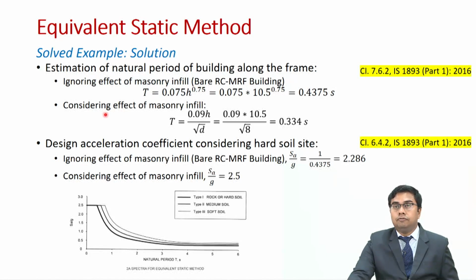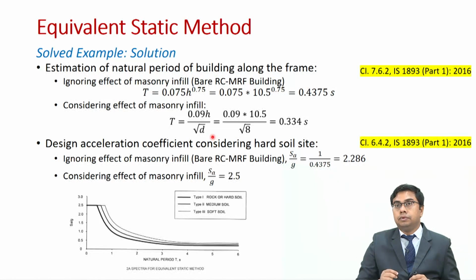If we consider the effect of masonry infill, then in that case this is the expression. Here h is the height of the floor from the base of the building, d is the dimension which is in the direction of the earthquake, the plan dimension of the building in the direction of the earthquake considered.